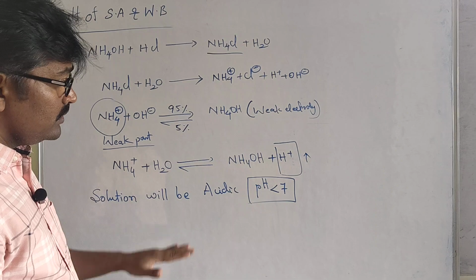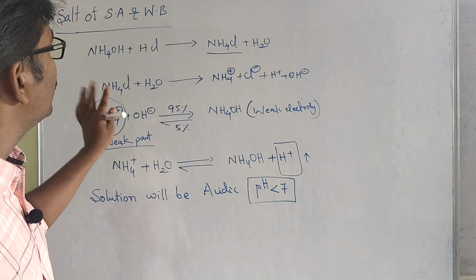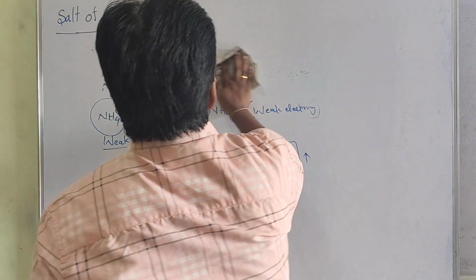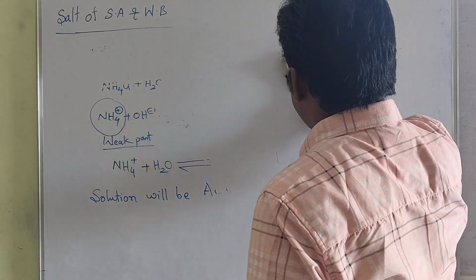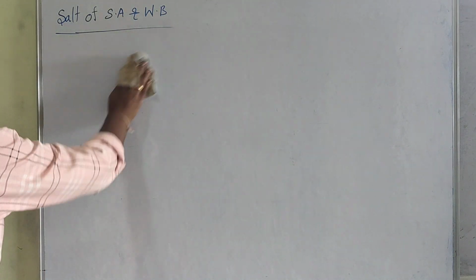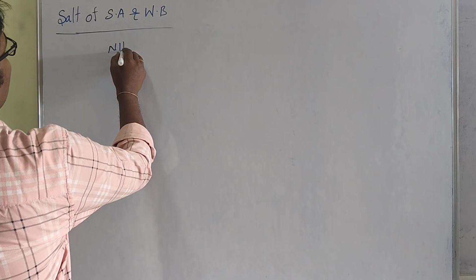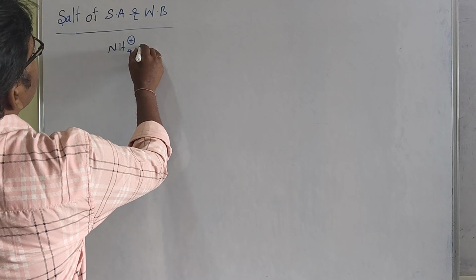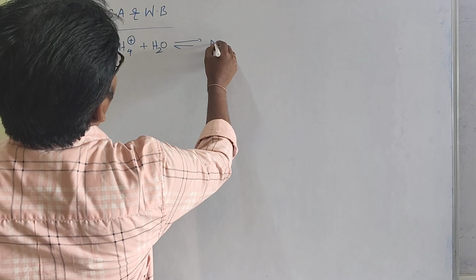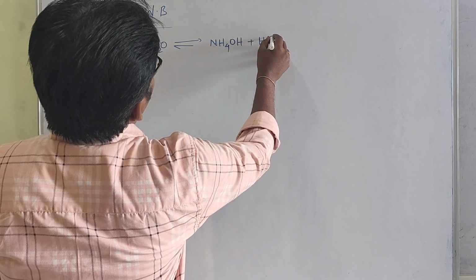Okay, right. Now whatever calculations are required for this particular salt, we have to discuss. Look, NH4 plus is a weak part, right? When it reacts with H2O, NH4OH will be formed plus H plus ions.